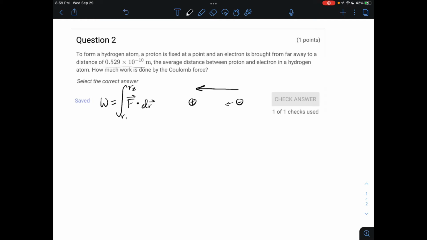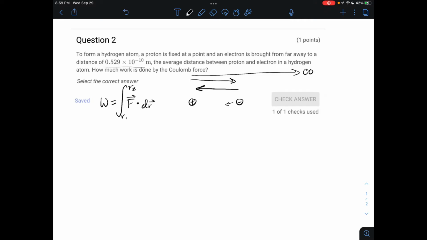And our radius, if we set this proton as our origin, because we have our R2 of infinity and our R1 of 0.529 times 10 to the negative 10th meters, our R vectors are both going to be going this direction. But the point is they're going to be parallel.